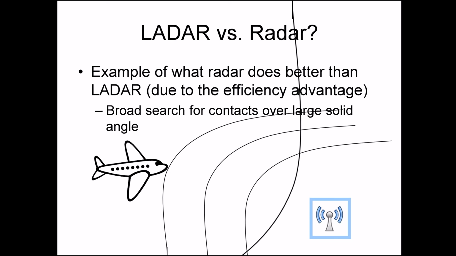All of this could be done with laser radars as well. However, the power requirements would be quite a bit higher. Clouds and things like that may obscure the system's ability to see the target.